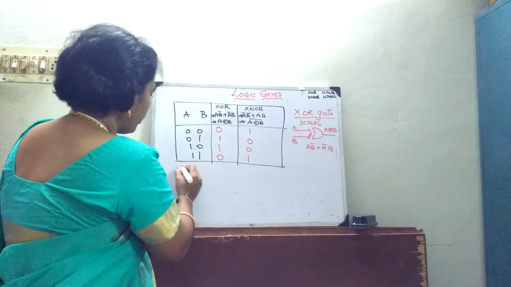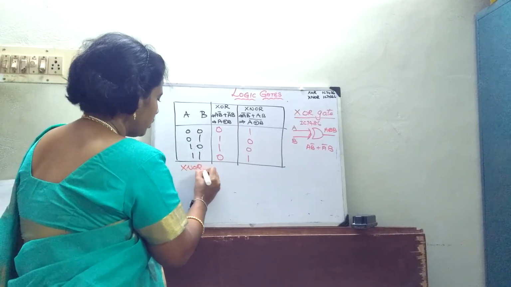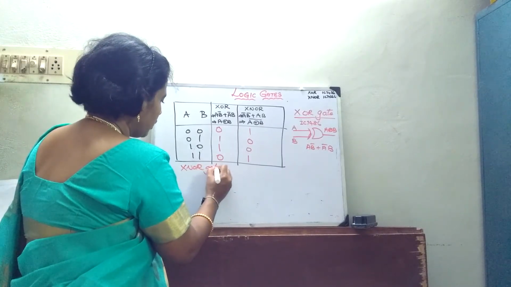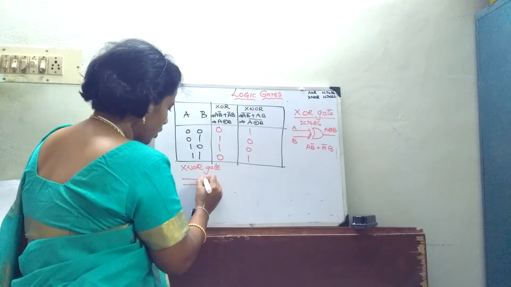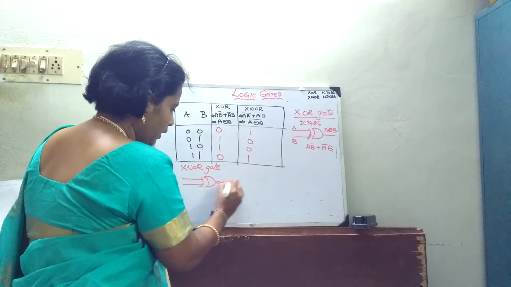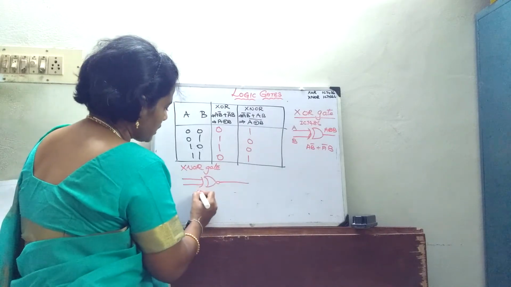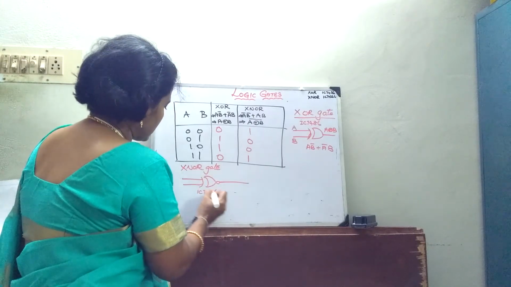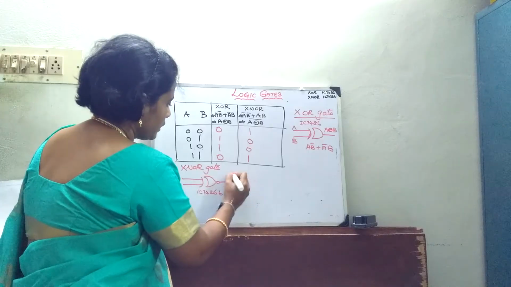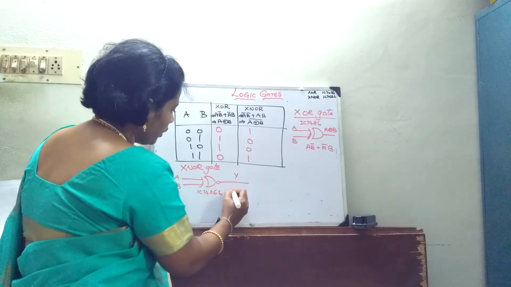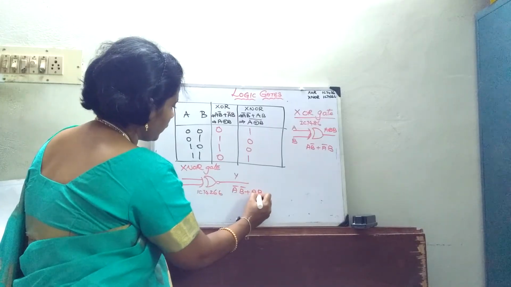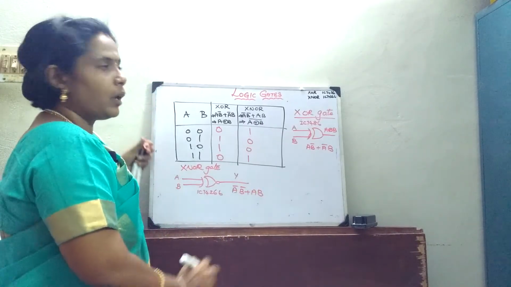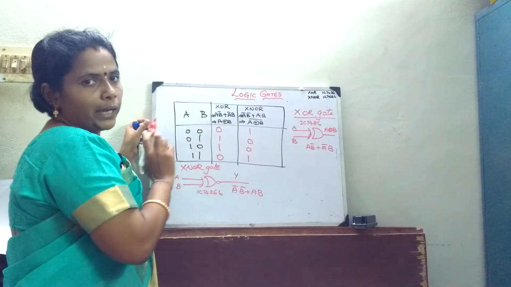Now for your XNOR gate, you just add a bubble here. So the IC number is IC74266. So this is going to be my output, which is nothing but A bar B bar plus AB. Okay. Now we will see how the two gates work.